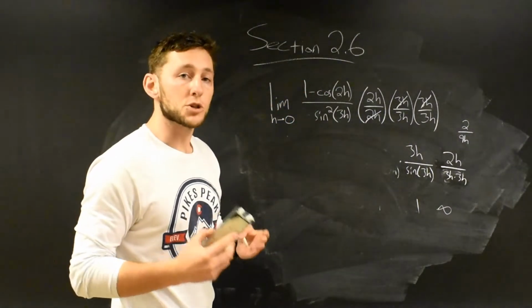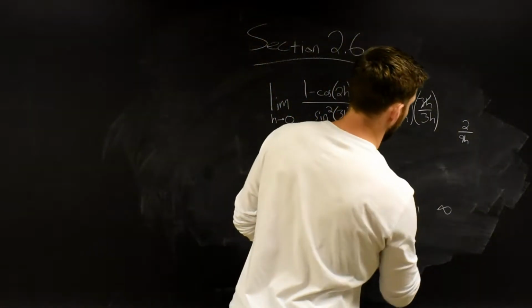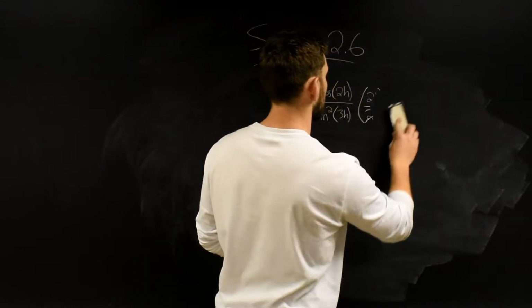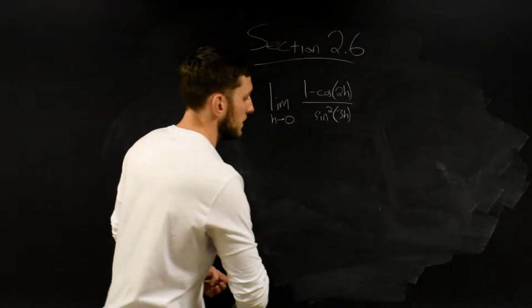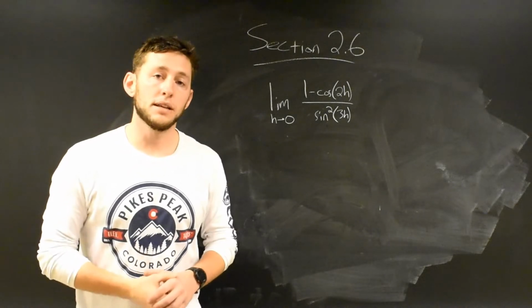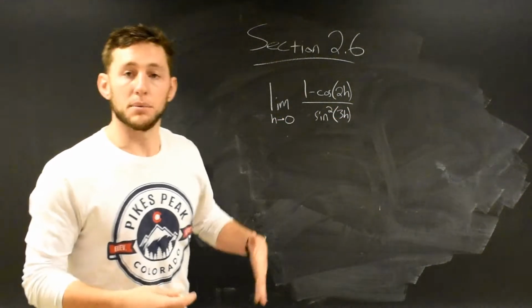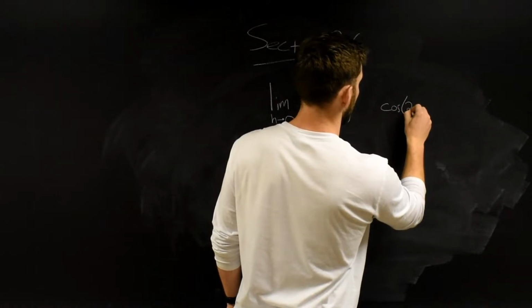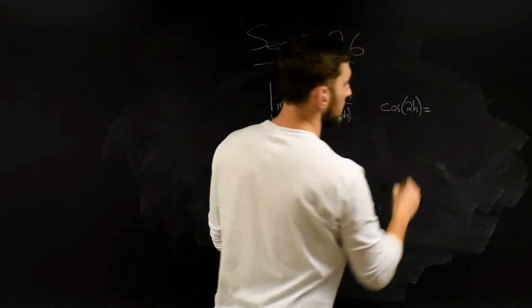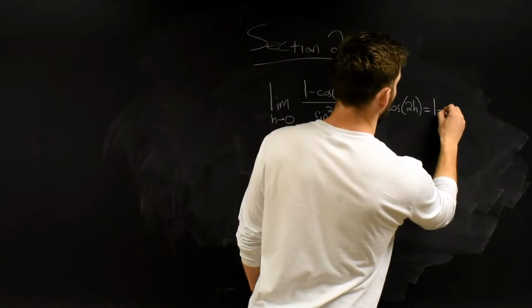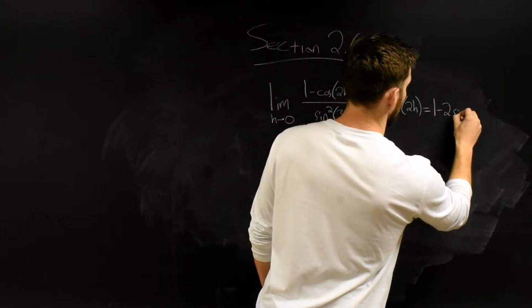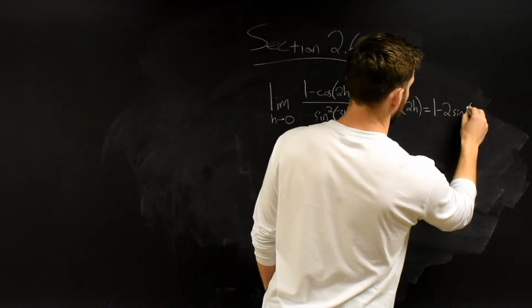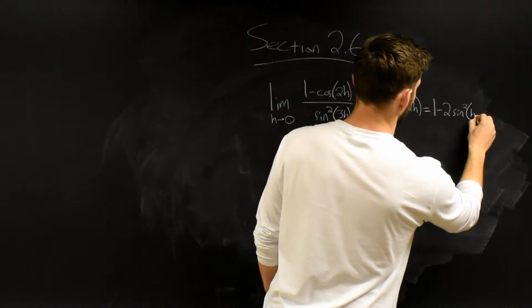This is going to be where trig identities come into play. So luckily we have the trig identity for double angles, that cosine of 2 times your angle is actually the same thing as 1 minus 2 sine squared of that angle.